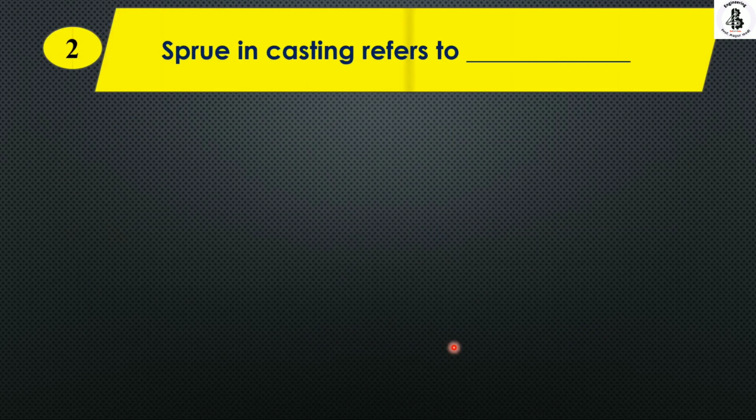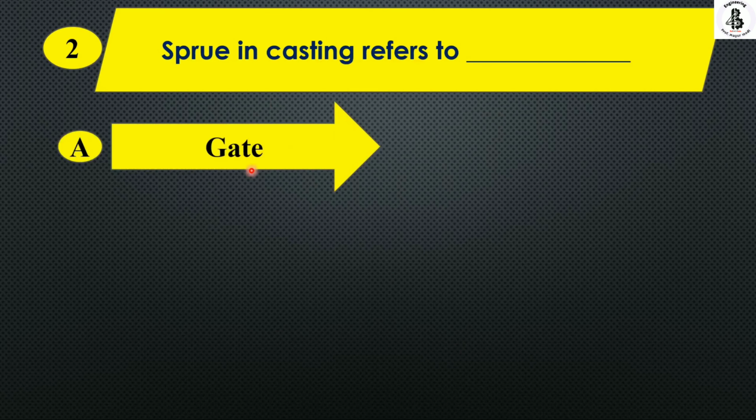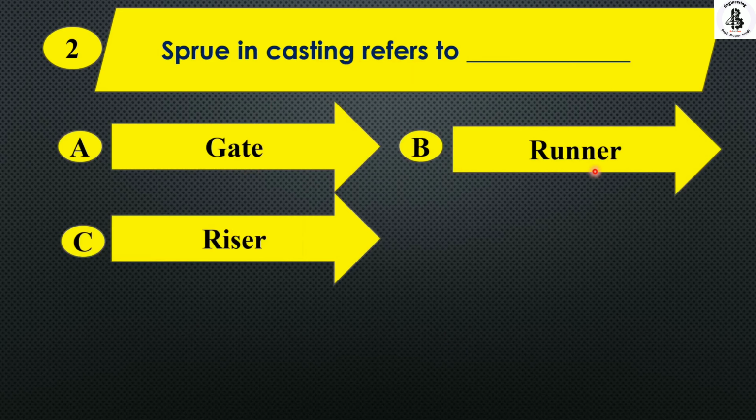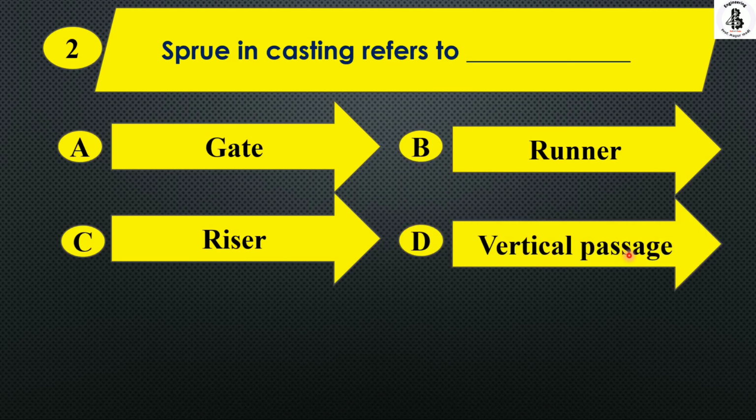The next question. Sprue in castings refers to option A, gate, option B, runner, option C, riser, and option D, vertical passage.